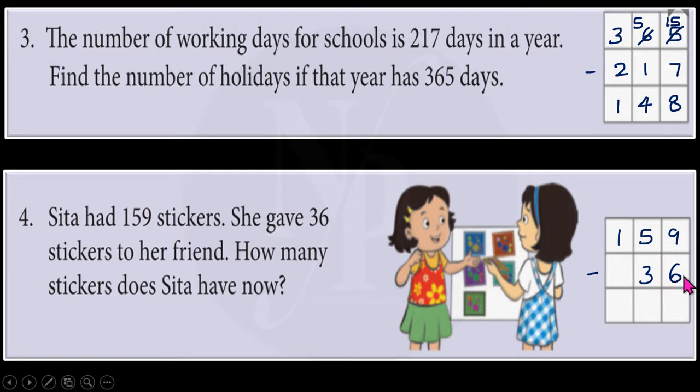So here we subtract 6 ones from 9 ones, we get 3 ones as a difference, and on subtracting 3 tens from 5 tens we get 2 tens, and here in the second number we don't have any digit in the hundreds place, so 100 is left over here. So therefore 123 is the answer, which gives the number of stickers left with Sita after she gave 36 stickers to her friend.